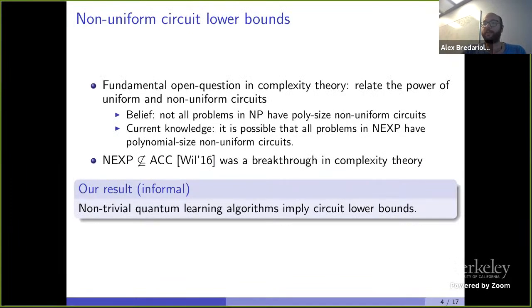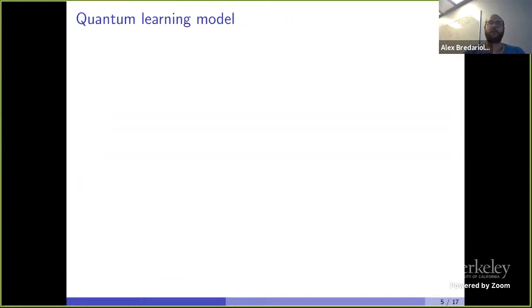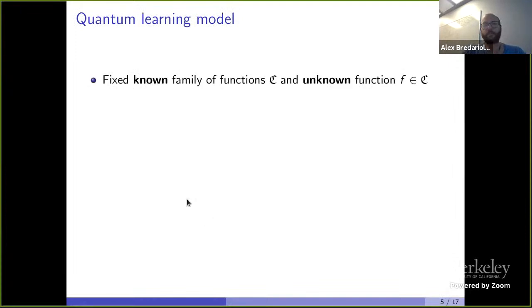To continue, let me first describe what our quantum learning model is. In this learning model, we fix a family of functions C, and I'm using the same calligraphic letter because in this talk the functions that we want come from circuits.